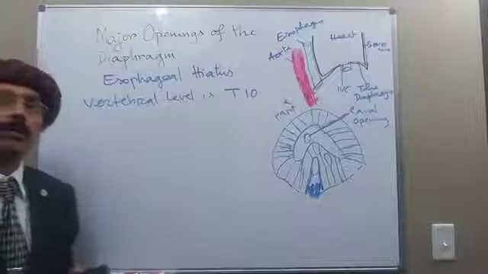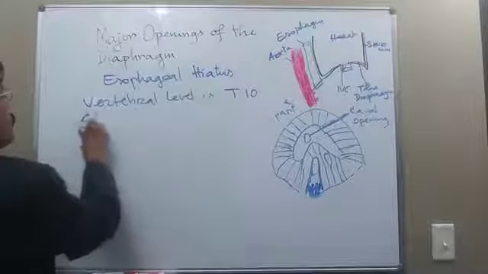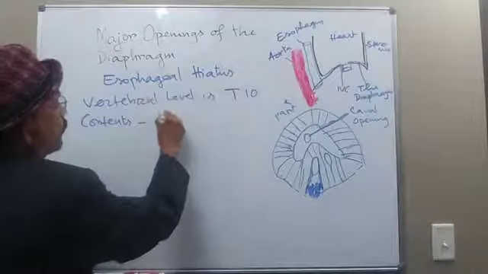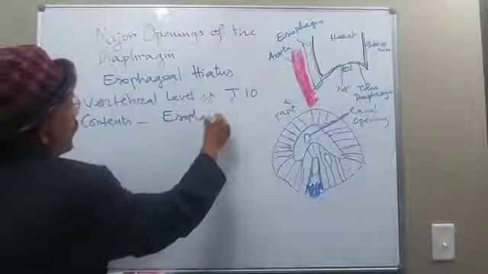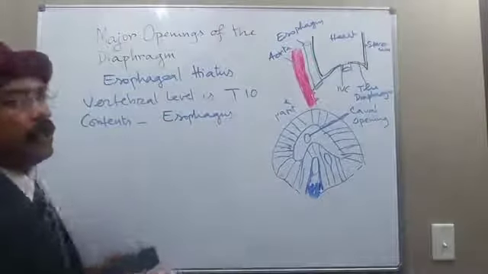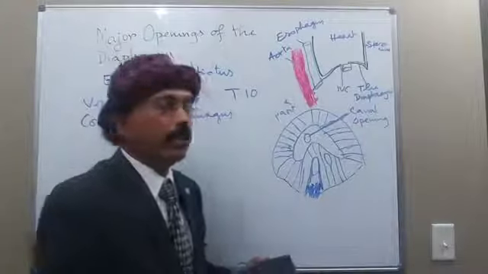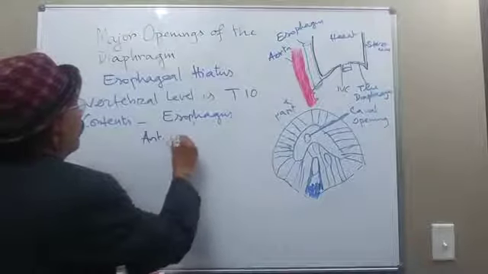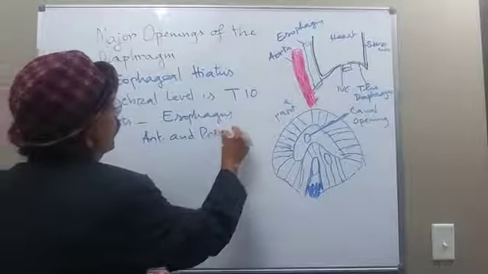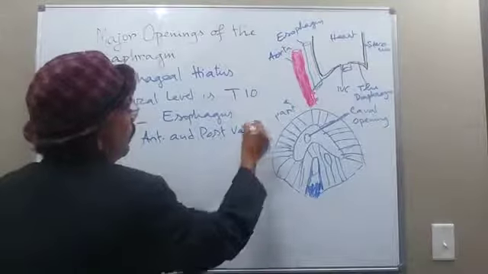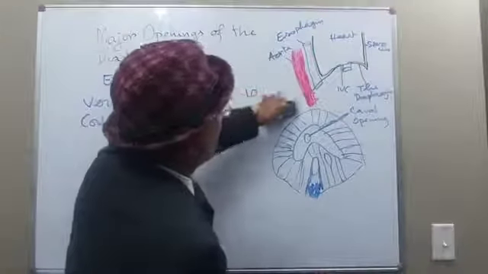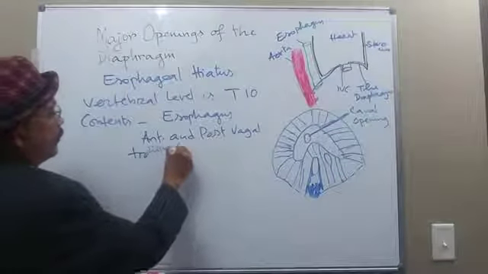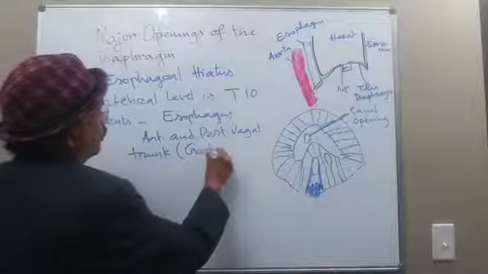What are the contents? Certainly the esophagus, and the anterior and posterior vagal trunks, or you can say gastric nerves, not vagus nerve, vagal trunk, coming out of the esophageal plexus of nerves.